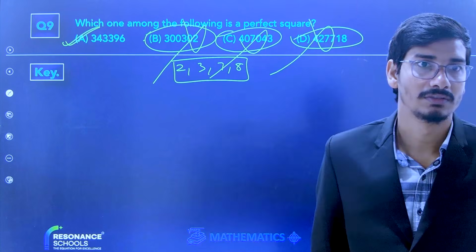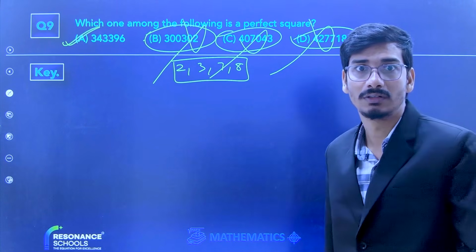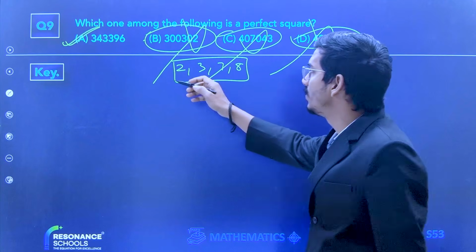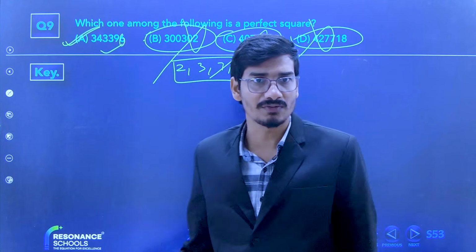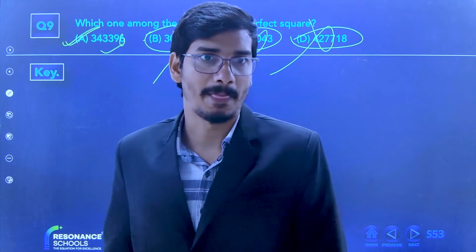So in the first case, its unit digit is 6, so this number may be the perfect square of some number. We can check it.